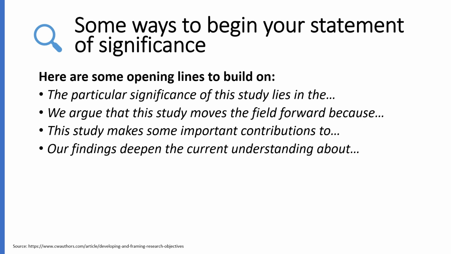But you can actually write the statement of significance in such a way that you're saying how the study is significant in terms of how it contributes to moving the field of inquiry, in answering the research gap, in solving practical problems, or, as we are accustomed to, in its contributions to specific people or groups of people.